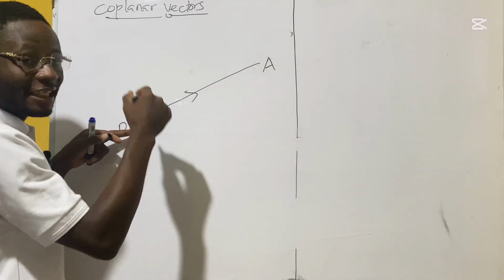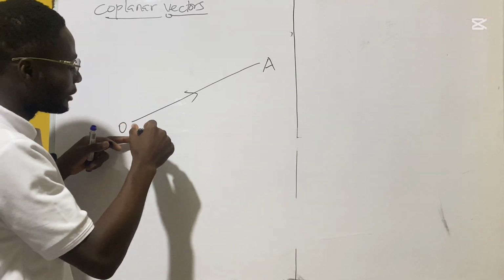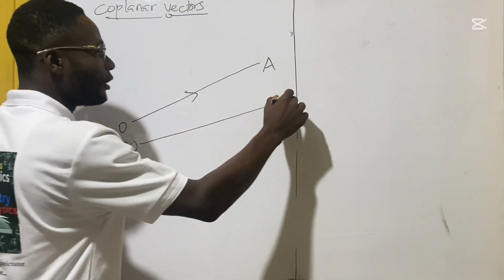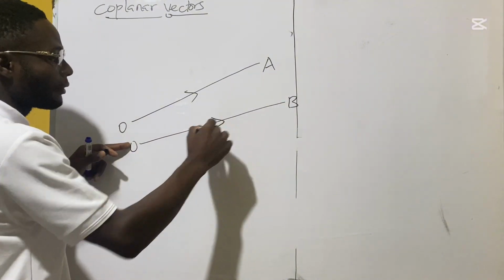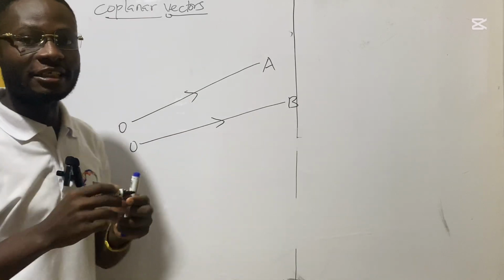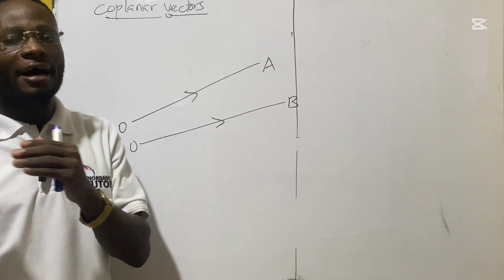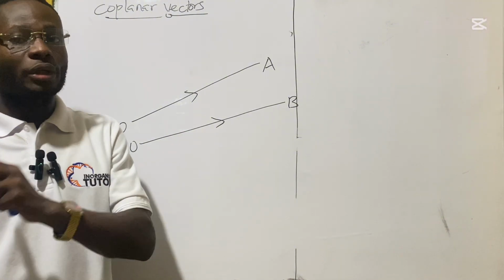This vector is parallel to a particular plane. Okay, so we have a plane here named, let's say, OB. So parallel, they are all moving in the same direction. So basically, they are parallel to a plane.